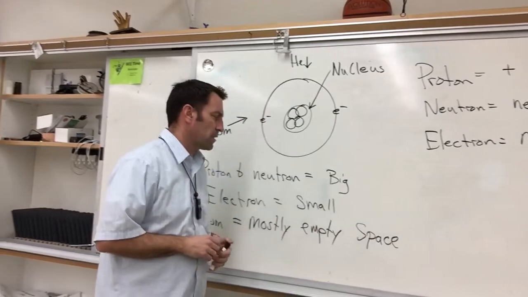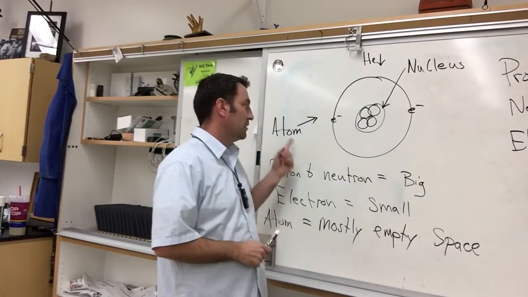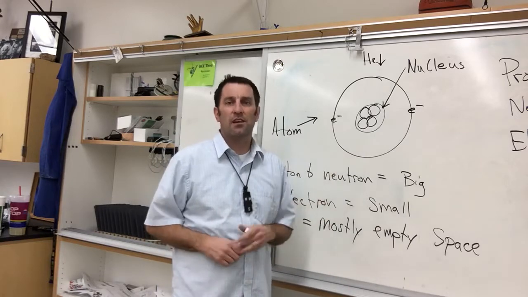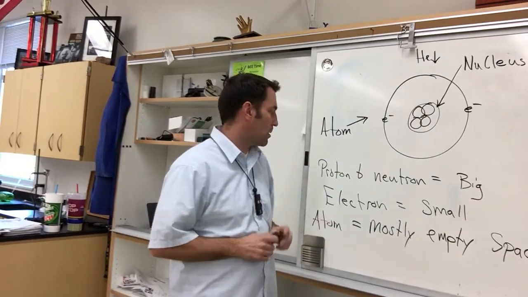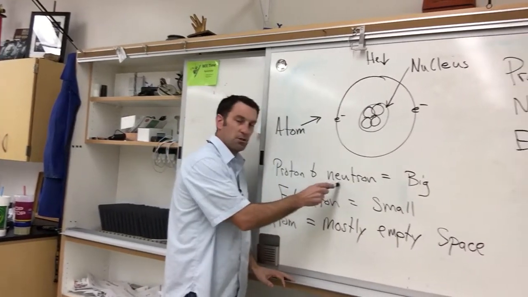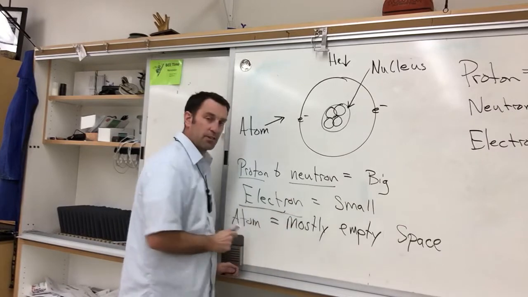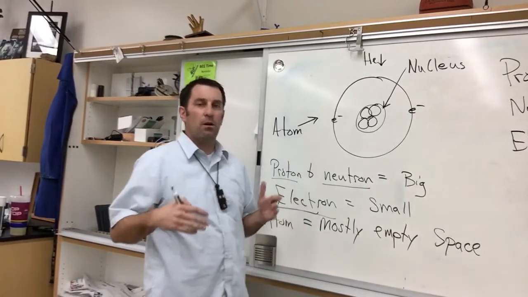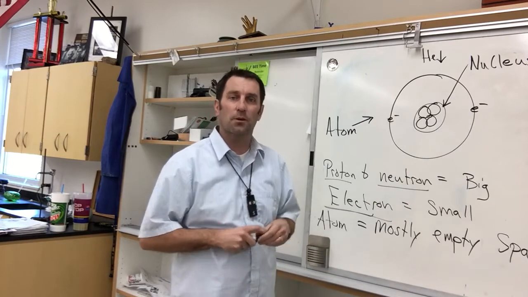But first off, it's really important for the core test and in this class also that you understand the basic idea of the atom and what it's made out of. The atom's made out of three distinct parts: the protons and neutrons, and then the electrons. And we have spent all year talking about this, so I hope this is an extremely easy review.